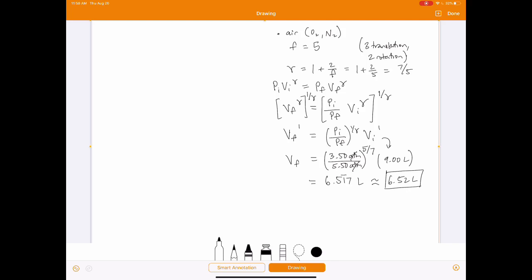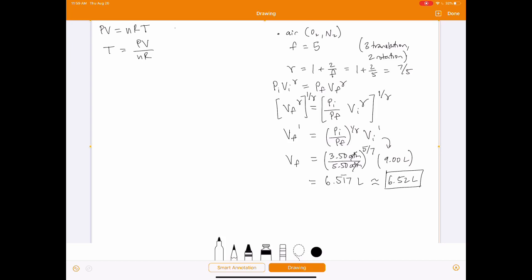So we'd also like to know what the final temperature is. And there are 2 ways you can do this. You could use another one of those adiabatic relationships if you wanted to, or you could just use the ideal gas law. Either way works just fine. I'll use the ideal gas law for this solution. So PV equals nRT. Temperature is PV divided by nR.